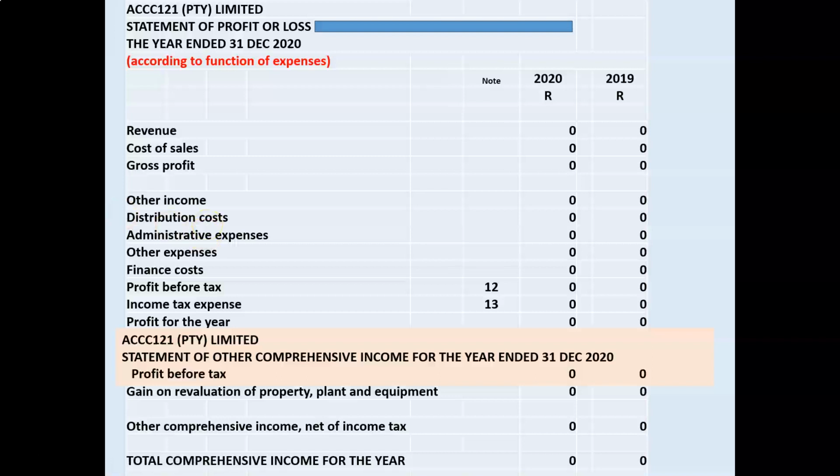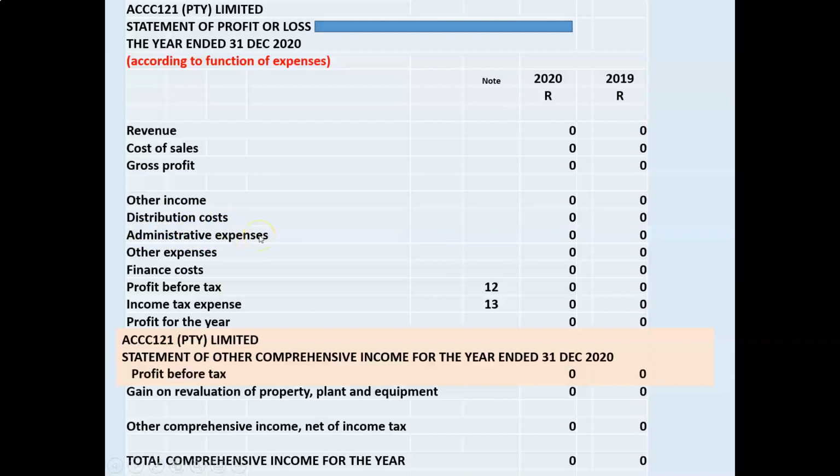Things like freight charges on sales, freight on sales, that is a selling and distribution cost. Delivery costs to clients, that will be selling and distribution. If we have a delivery vehicle, the depreciation on the delivery vehicle will form part of distribution costs. But if we have depreciation on office equipment, the depreciation on the office equipment will form part of the administrative expenses.